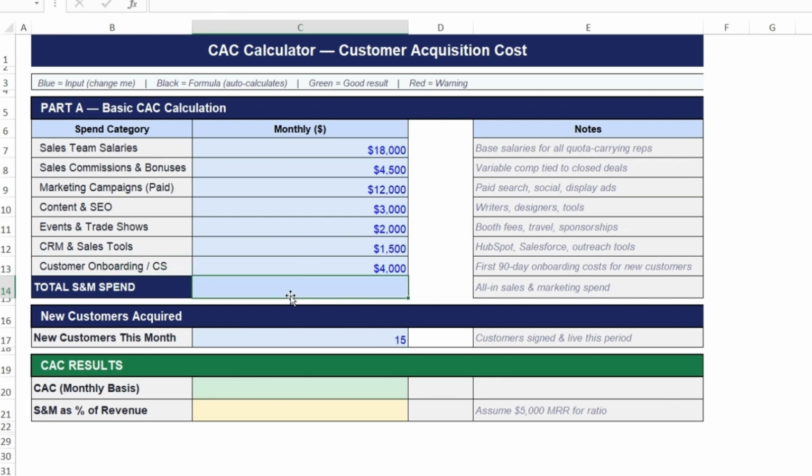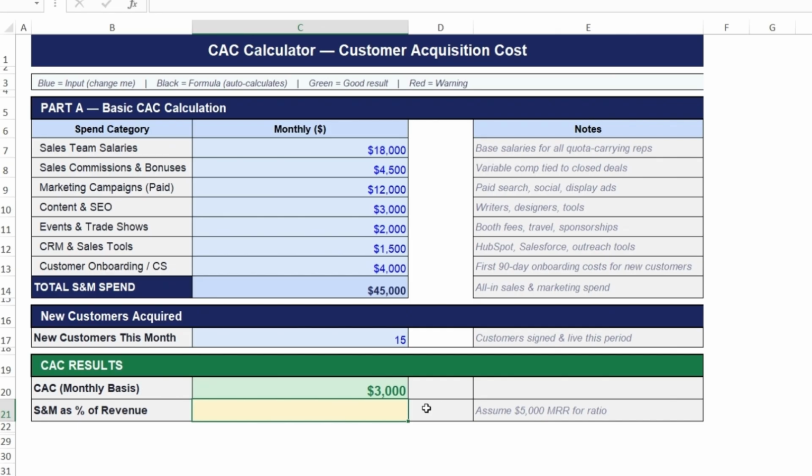So, to get the total S&M cost, we'd simply sum the above values, which comes out to be 45,000. Here we have new customers, which are 15. So, our CAC would be 45,000 divided by 15. So our CAC comes out to be 3,000, which is how much money we are spending on each customer to acquire them.